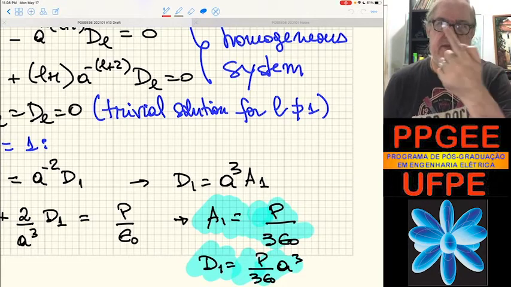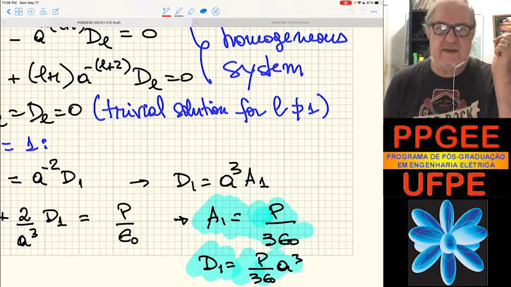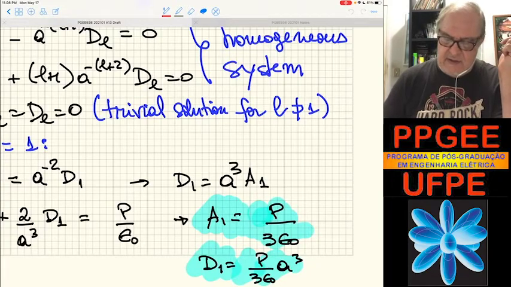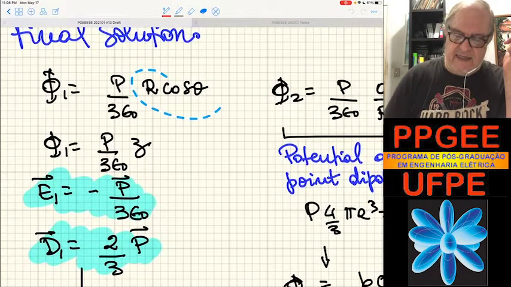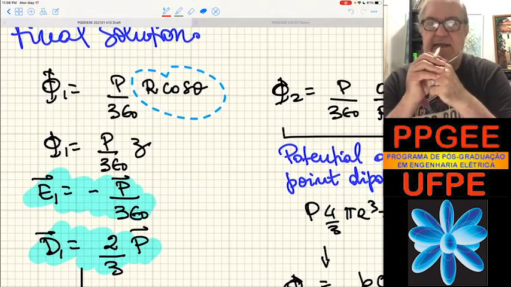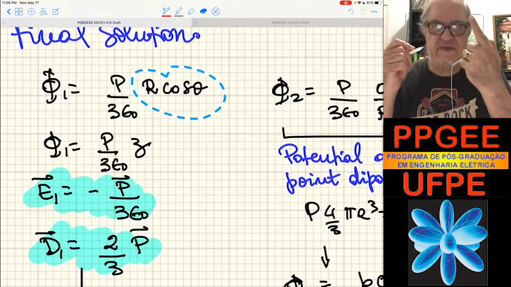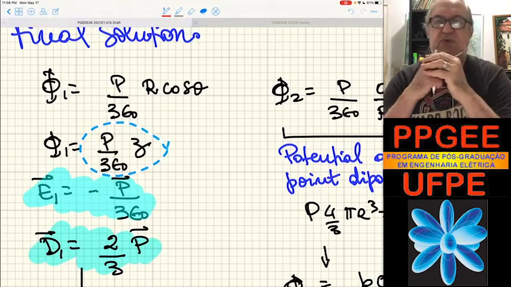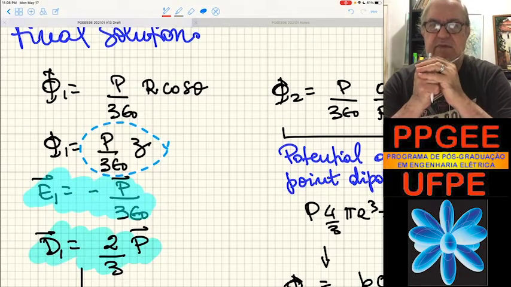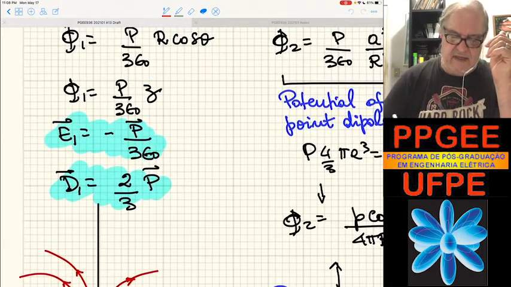It's not a series, but only one term of the series is enough to solve the problem, inside and outside. Inside, the potential is going to be given by a function that is R cosine theta, because it's P1 cosine theta times R raised to the first power. So inside, the potential is that due to a uniform field, right?